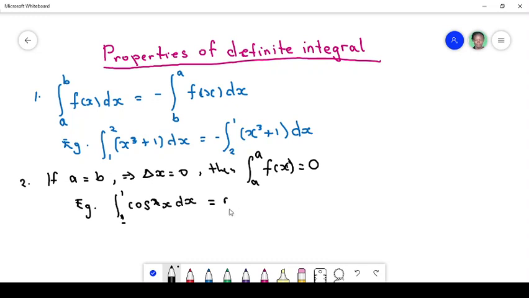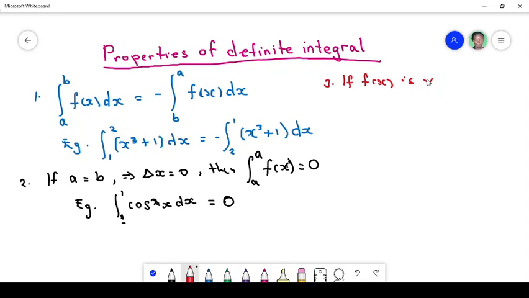Then 3. Property 3 says that if your function f of x is even, what I mean is that f of x is equal to f of minus x.